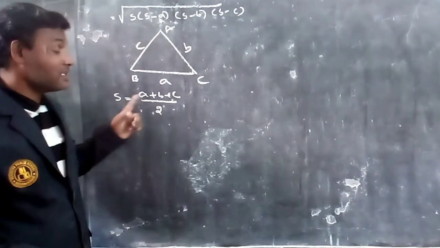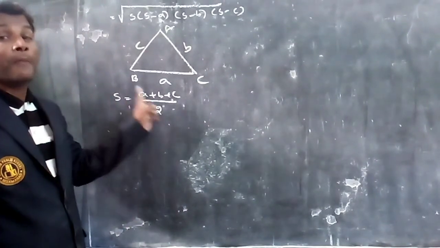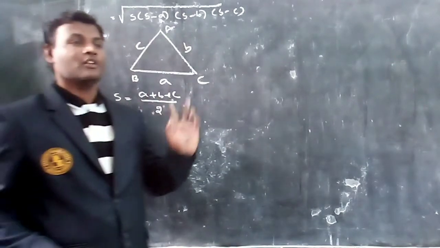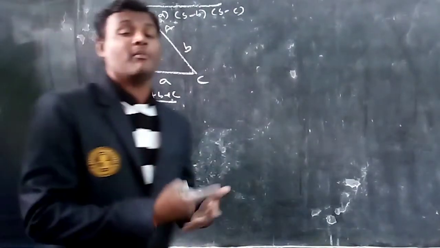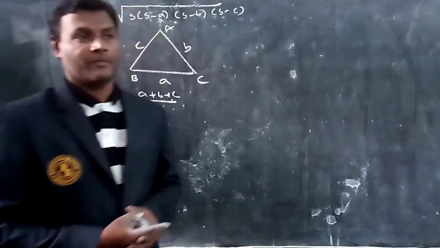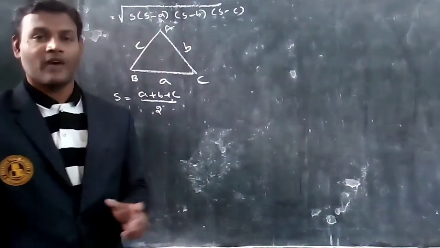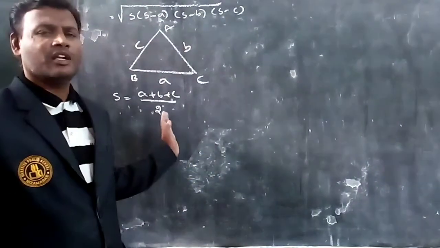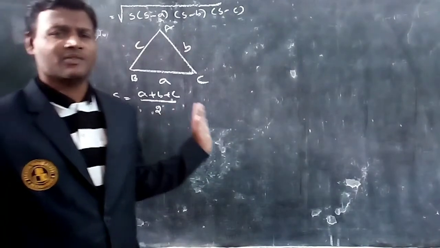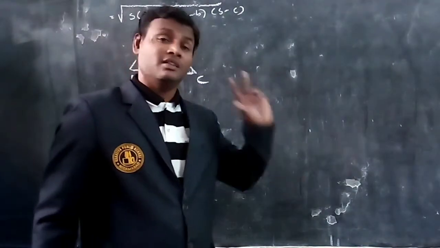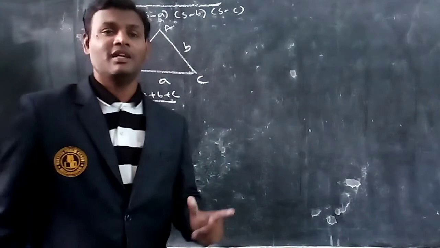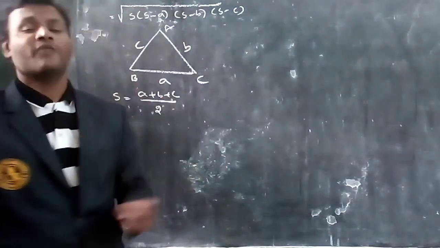So what is the meaning of s? Half of the perimeter of the given triangle. So here we have another formula to find the area of triangle ABC, that is Heron's formula. Previously we discussed 1 by 2 mod x1 bracket y2 minus y3. That formula is also there, and along with that formula we can use Heron's formula.